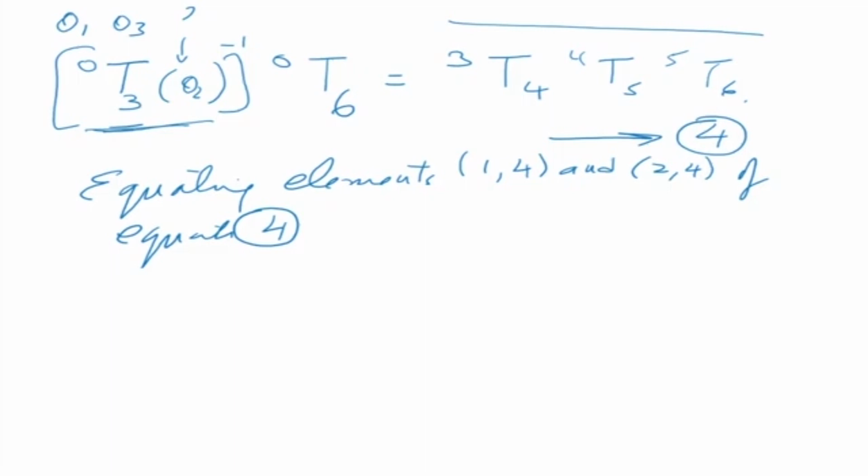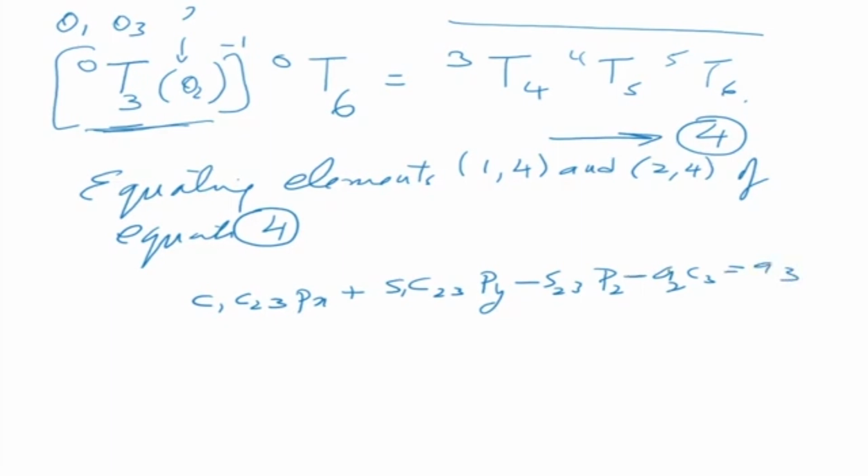Then what we get is two equations: C1 C2,3 Px plus S1 C2,3 Py minus S2,3 Pz minus A2C3 is equal to A3. This is one. And the other one is equal to minus C1 S23 Px minus S1 S23 Py minus C23 Pz plus A2 S3 is equal to D4.